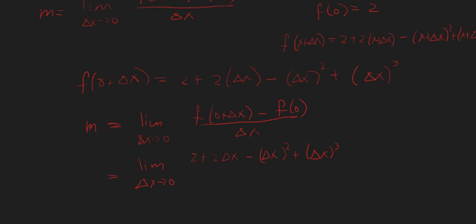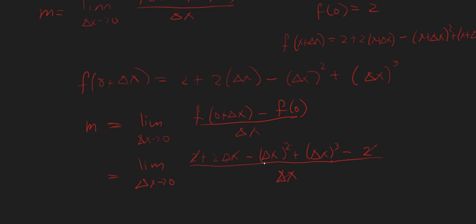And we subtract f of 0, which is equal to 2. Then you divide it by delta x. Here we can cancel out 2, since 2 minus 2 is 0. Then we can cancel out delta x.